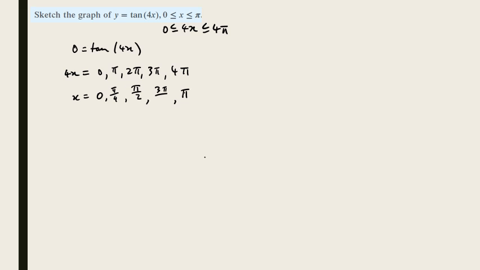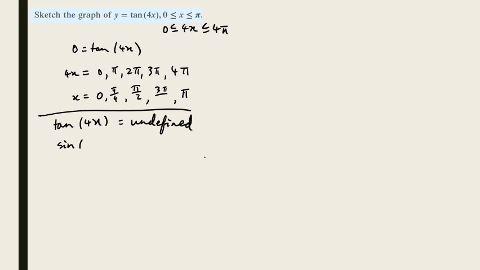Okay, now we need to find when it's undefined. Now you have to think about when tan of x is undefined. Remember, tan of 4x is equal to sine of 4x over cos of 4x.